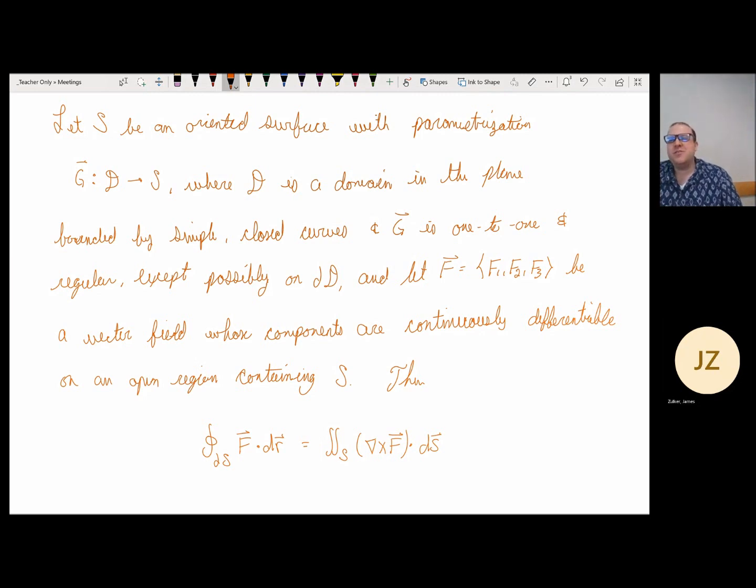Then the circulation along the boundary of the surface of F dot dr is the flux integral of the curl of F.